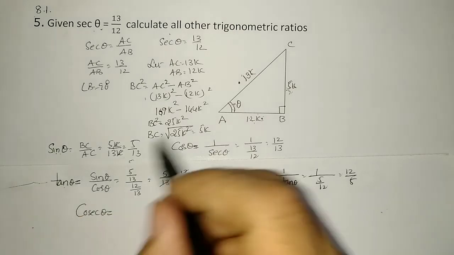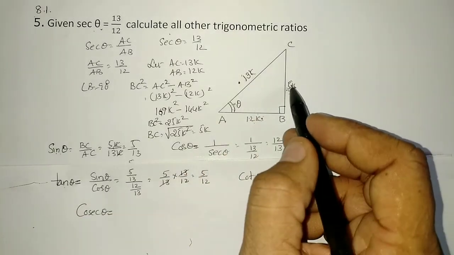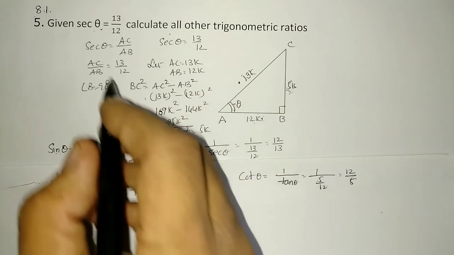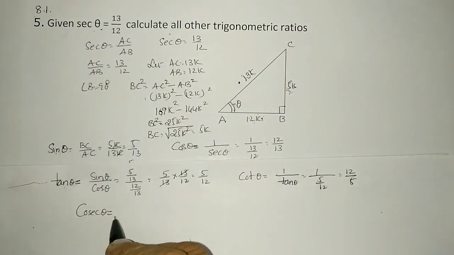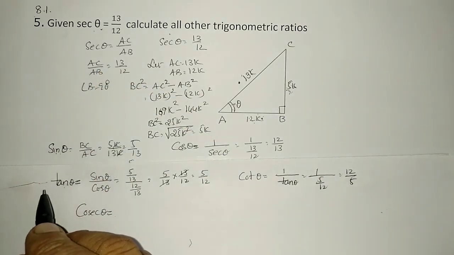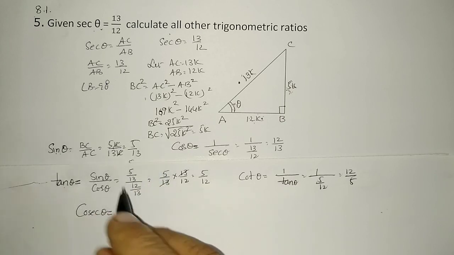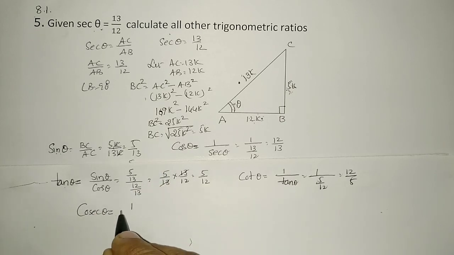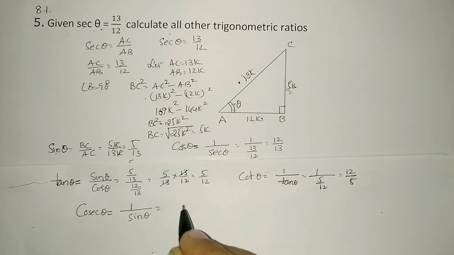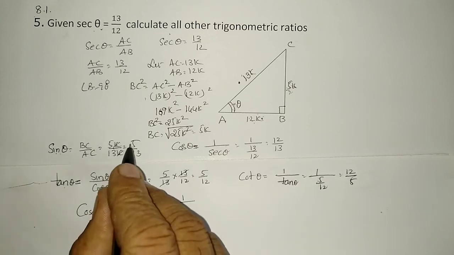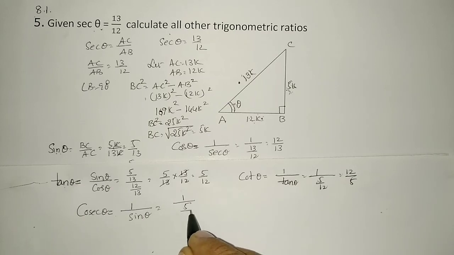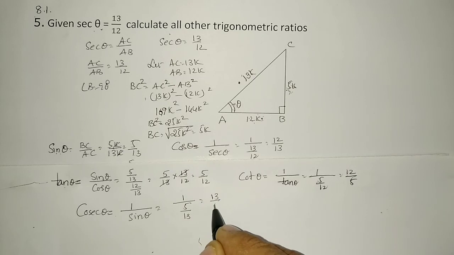We know that cosecant theta equal to hypotenuse by opposite side of theta. But from sin theta also you can find cosecant theta, because sin theta and cosecant theta are reciprocal to each other. Cosecant theta equal to 1 by sin theta. 1 by, what is sin theta? 5 by 13. That is 13 by 5.